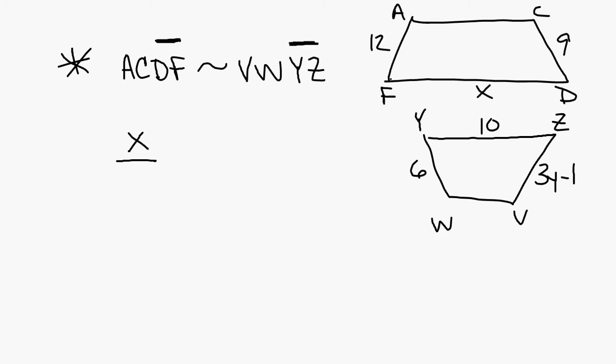Now you're going to make that equal to side CD, which is the second and third letter, and that's 9. It goes over the second and third letter of the description on the right, which is WY, which is 6.